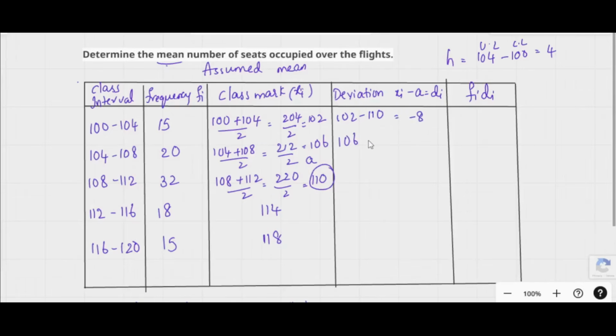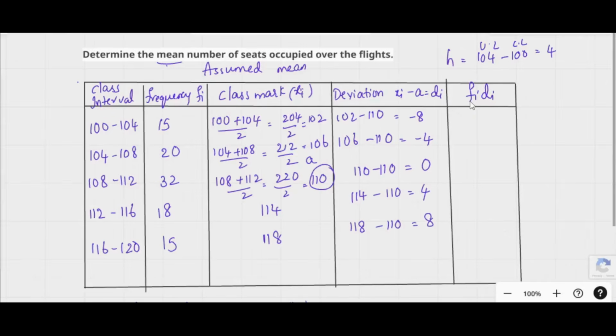Next, 106 minus 110 is equal to minus 4. Then 110 minus 110 will be 0. And then 114 minus 110, so don't be confused here, is equal to 4. And 118 minus 110 is equal to 8.